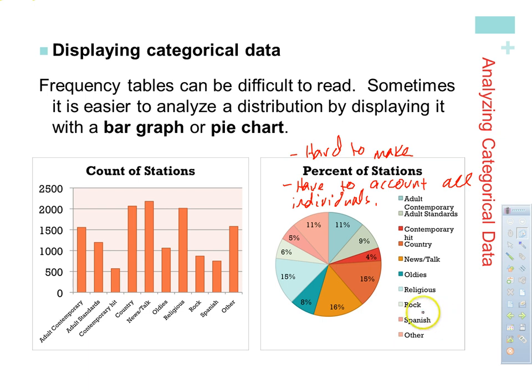So when we go through and list all the radio stations, there are 1, 2, 3, 4, 5, 6, 7, 8, 9 different values to our variable, but there may be more than that out there. And so typically what will happen in a situation with a categorical variable is we'll list out the main categories, and if there's a few other different values there, then we'll just lump them all together into an other category. So you kind of have to have an other category just so you can account for all possible individuals, okay? So do make sure that you're aware of that.